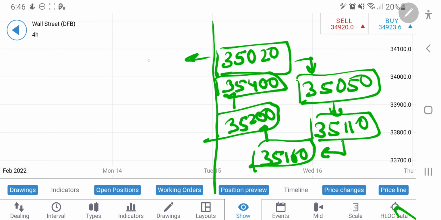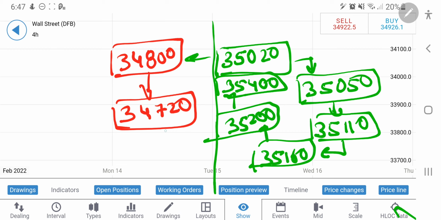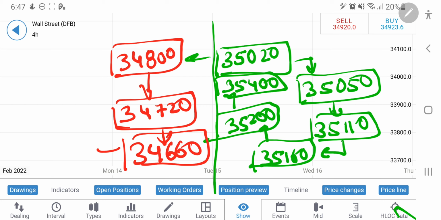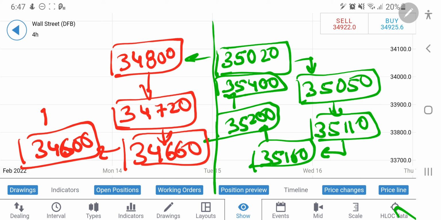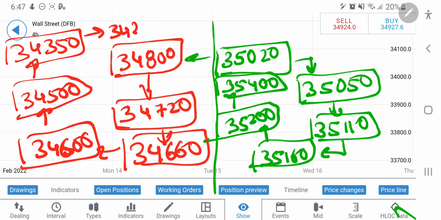On the downside, once it breaks 34,800, I expect that it is going to drop sharply. It is going to drop more, and once it breaks 34,800, the next targets are 34,720, 34,660, 34,600, 34,500, 34,350, and 34,280.